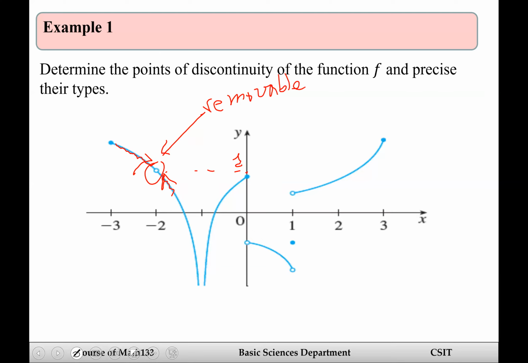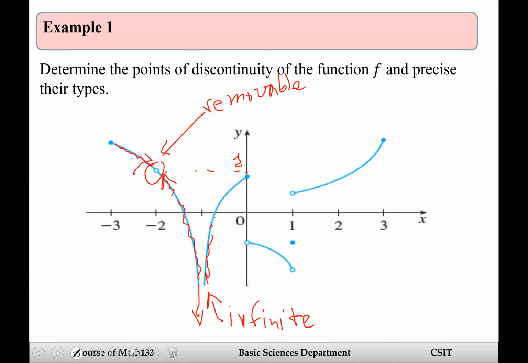So we call this removable discontinuity. Now we continue with the graph. I need to stop here, then continue to the right. So this is also a discontinuity. And what happens here? The limit is going to -infinity. So we say that this discontinuity is an infinite discontinuity. Good.